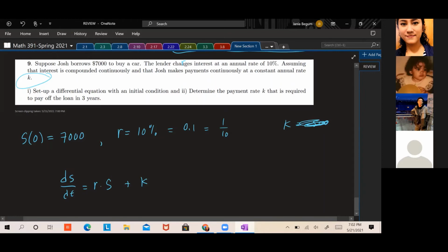I wouldn't put negative money. Yeah, right? Because I didn't know how to tackle this, so I just put negative 7,000. Because you're borrowing from someone, you have 7,000, and then you have to pay it off, right? So you're giving it away every year. Right. I was thinking that the negative 7,000 was for owing the bank.